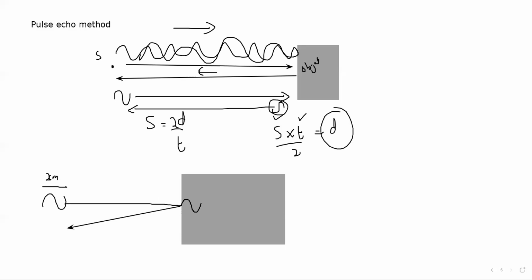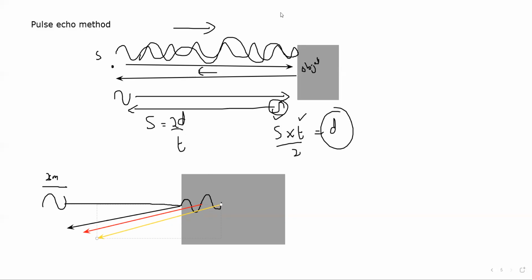And then again a part of the pulse will bounce back. Then it will continue its vibration. Once it completes its vibration, the length of the pulse, again a part of the pulse will bounce back.